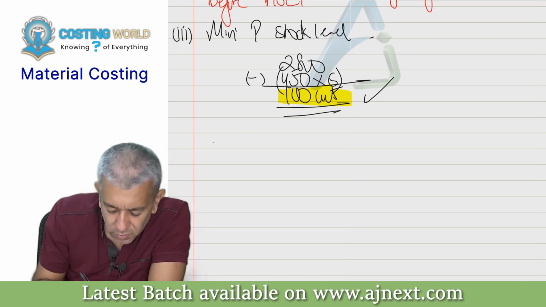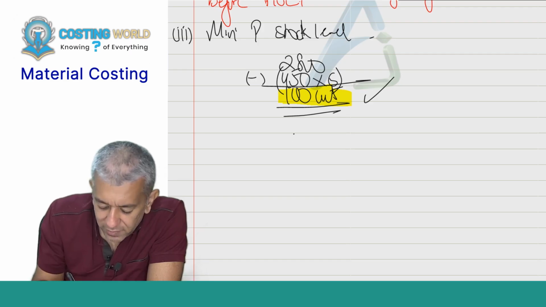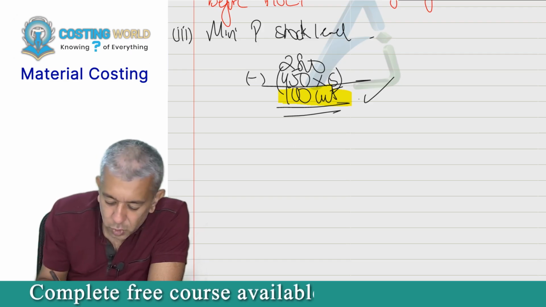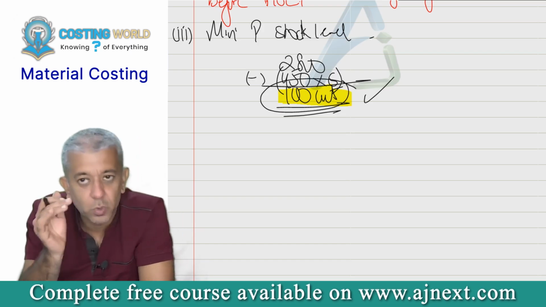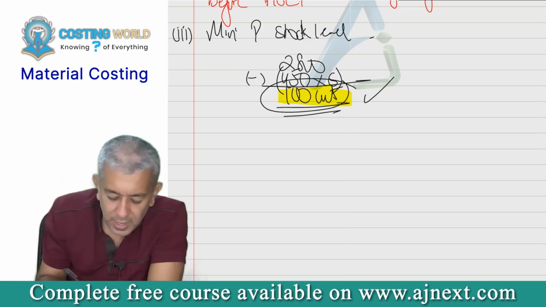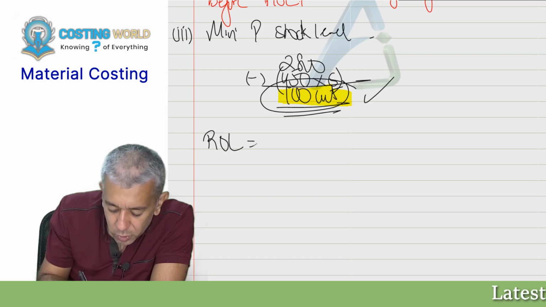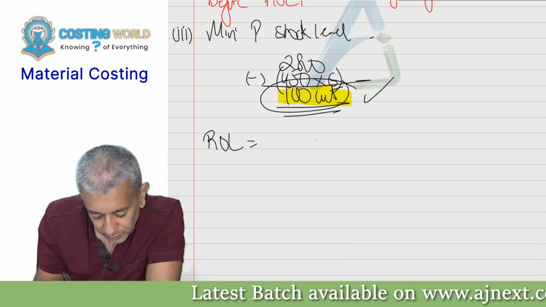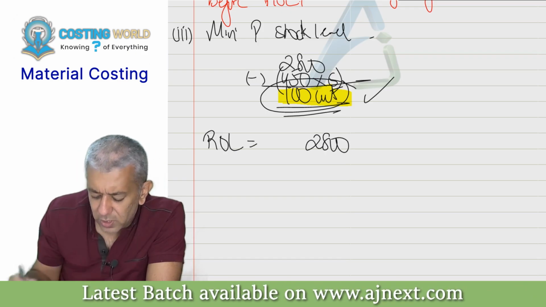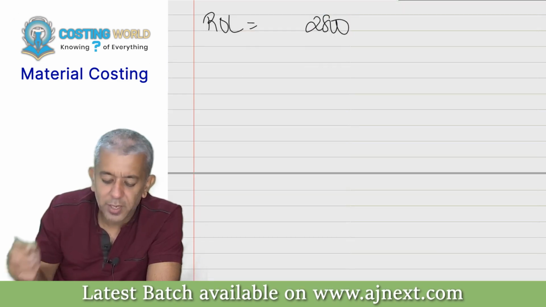In this case, stock level was supposed to be 100. If it goes below that, that guy is gone. Tell me, what is ROL in our question? 2800. He should have ordered at 2800.